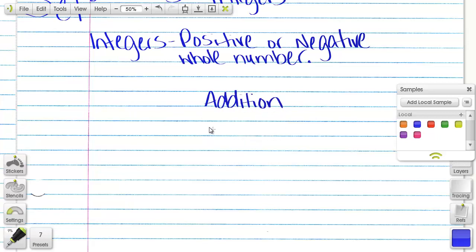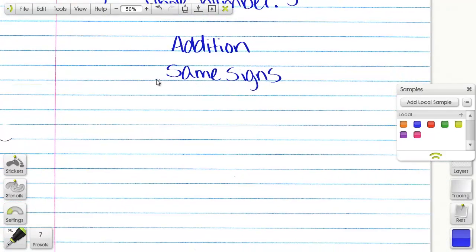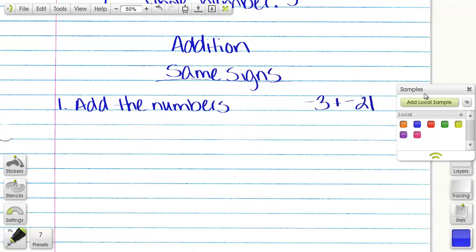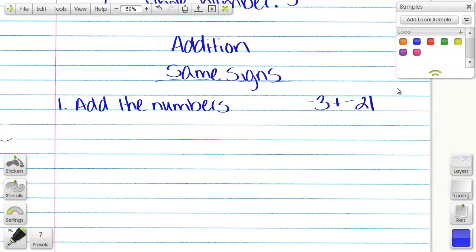Addition. Let's talk about if the signs are the same, because this one's easiest. Same signs. Alright, if you have the same signs, the first thing you do is add the numbers, regardless of sign. So if I have negative 3 plus negative 21, it doesn't matter that my signs are different.